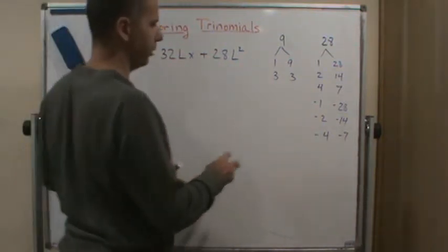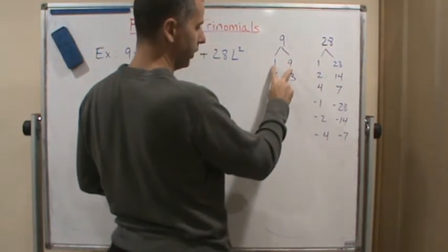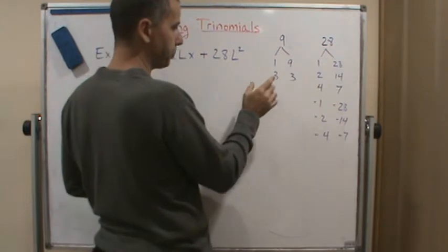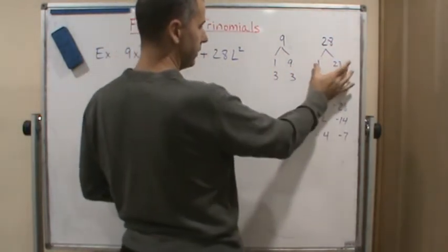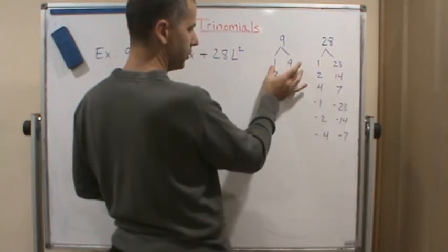What we're going to do is take these, the outside ones, right? These are the factors of the last one and the first ones.